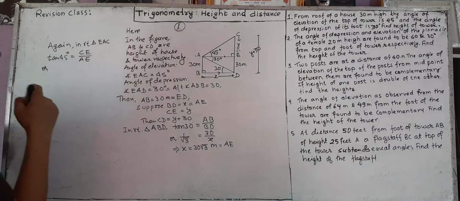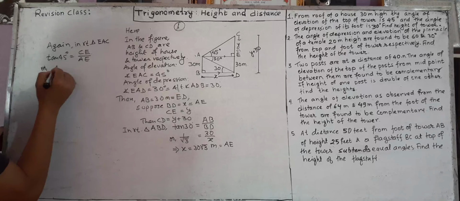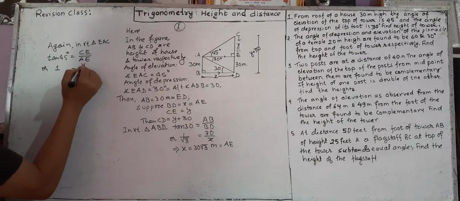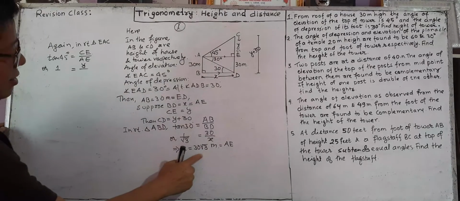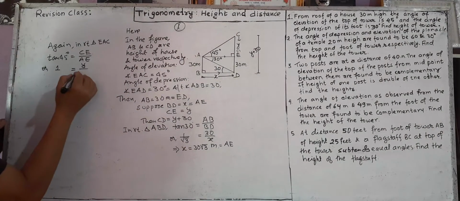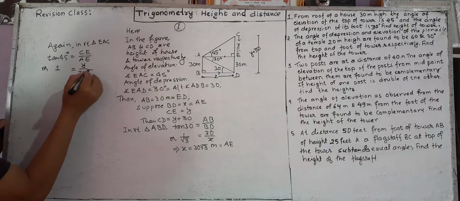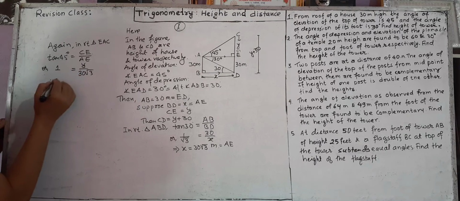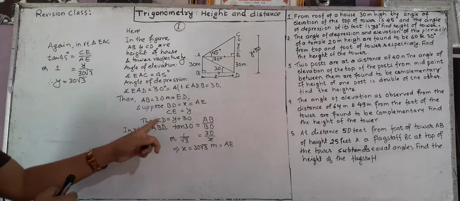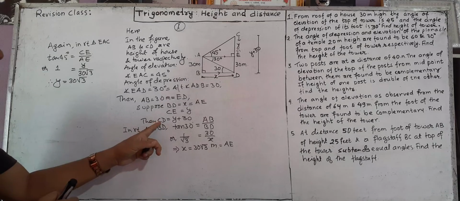Height and distance. The value of tan 45 is 1, the value of CE is Y, the value of AE you can write here, it is 30 root 3. Therefore, Y equal to 30 root 3. So we have obtained the value of Y, and we have to find the value of CD.